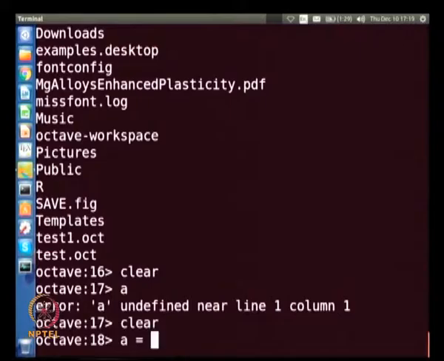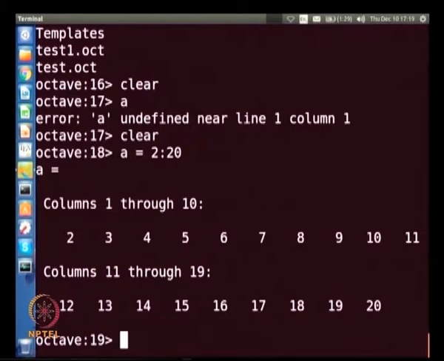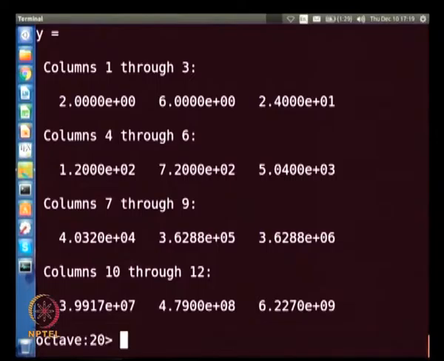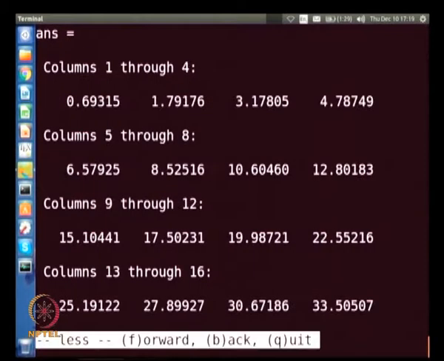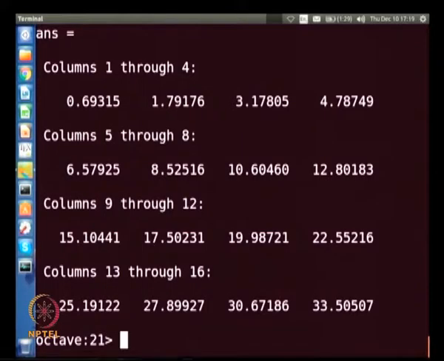A is 2 to 20. Y is factorial of a. Now, log of y is log of factorial of y. Now, let me call this as z.